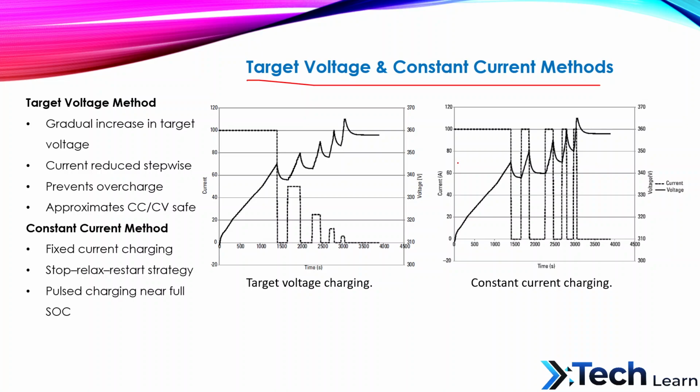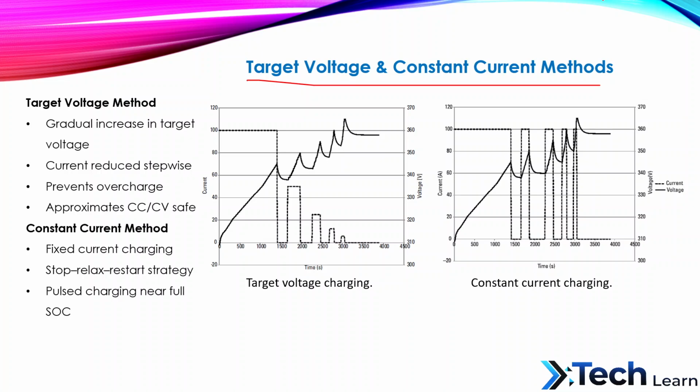When the highest cell reaches the target voltage, current is reduced. Then the target voltage is increased gradually until it approaches the final CV value. This prevents sudden voltage overshoot and reduces the overcharge risk.